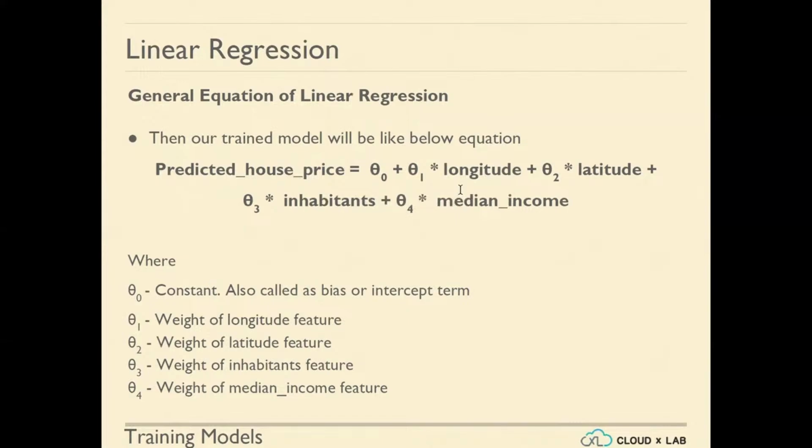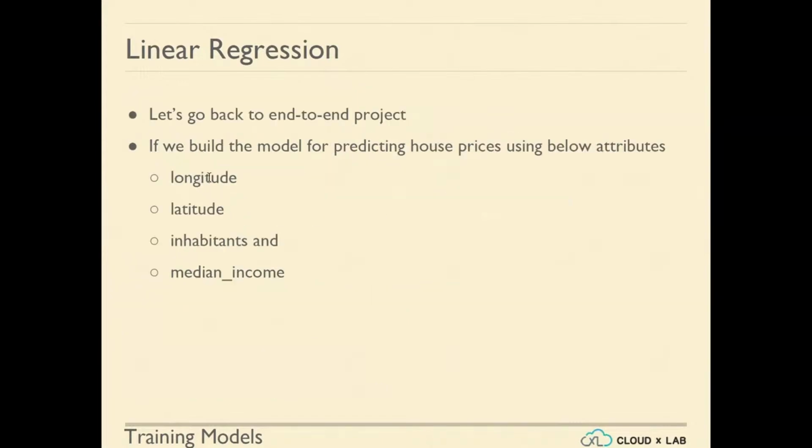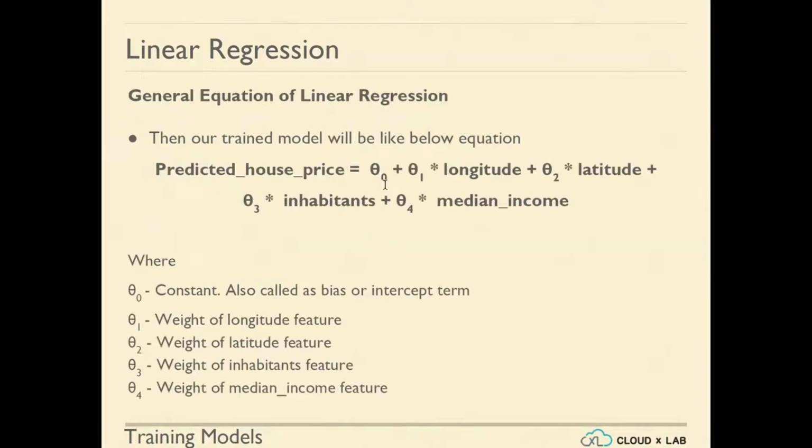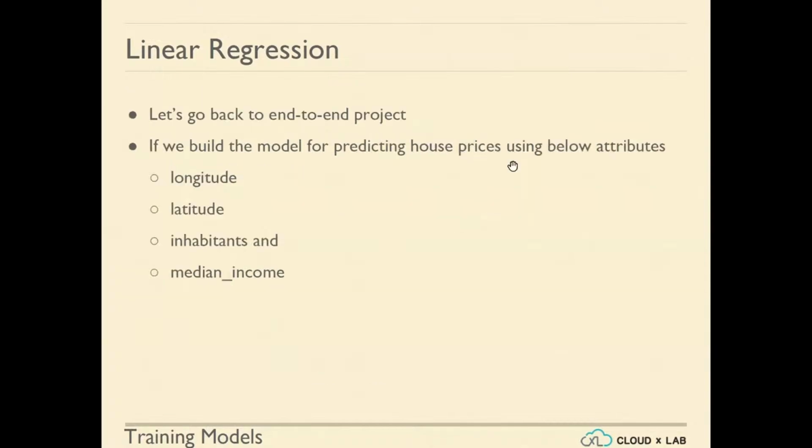Since we now have 4 features, we will use theta 0 plus theta 1 times first feature, theta 2 times second feature, theta 3 times third feature, theta 4 times fourth feature. We will use this type of model to learn a linear model to predict house price for these 4 feature values, right?